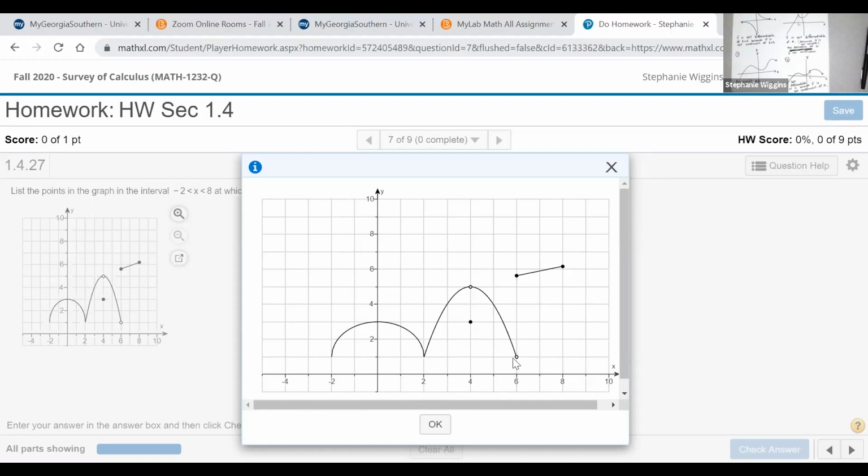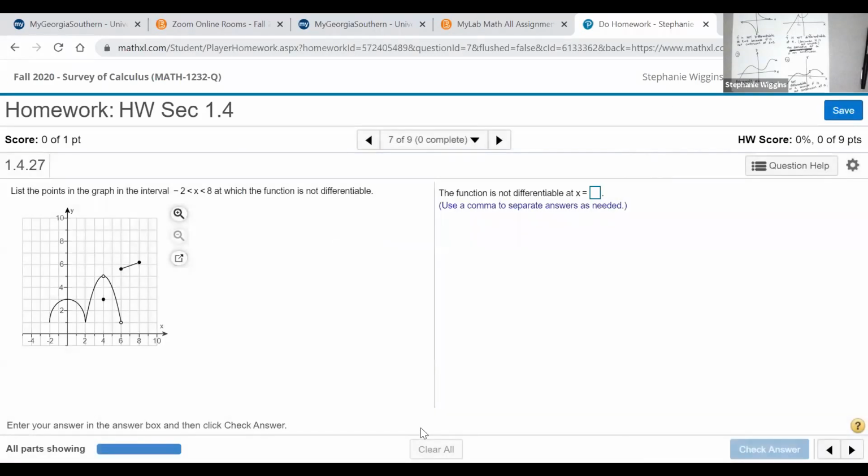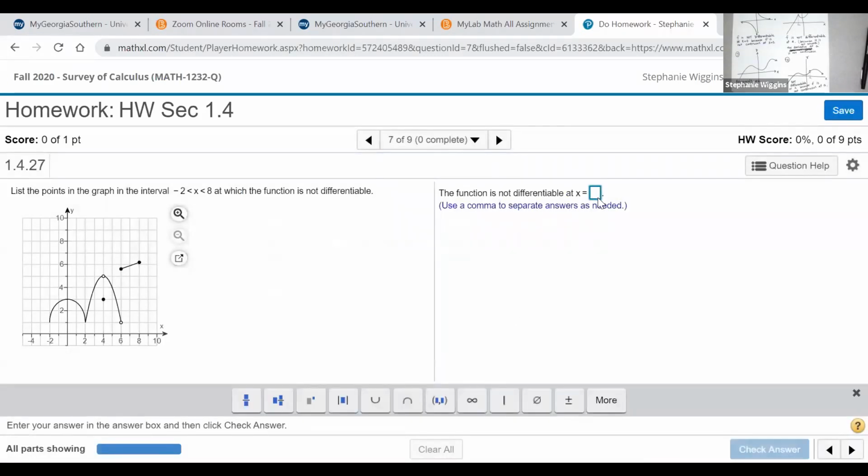It hits 4. And here's the bad spot. My vertical line hits 6. So 2, 4, and 6 are the location of where differentiability fails the test, okay? So you're just going to list, it says use a comma to separate your answers. So what did I say? 2, 4, and 6.